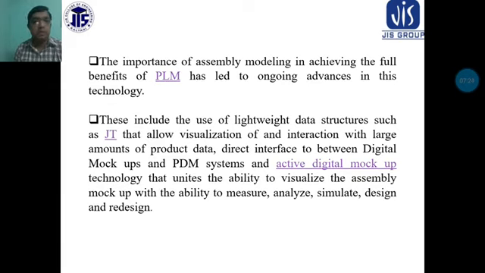This includes the use of lightweight data structures such as JT that allow visualization of and interaction with a large amount of product data, direct interfaces between digital mock-ups and PDM systems, and active digital mock-up technology that unites the ability to visualize the assembly mock-up with the ability to measure, analyze, simulate, design and redesign.